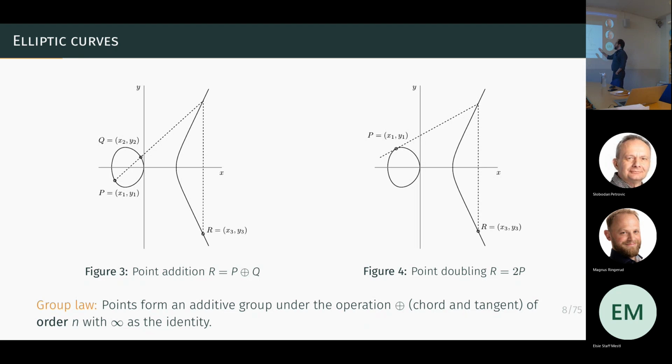So the line passing through P and minus P would be a vertical line, which doesn't intercept the curve in any concrete point. We said it intercepts the curve at infinity. So that's the point at infinity. It's the identity element for the group. So it's geometrically induced, but it's abstract, at least in affine coordinates. Please interrupt me if you have questions too. Right?